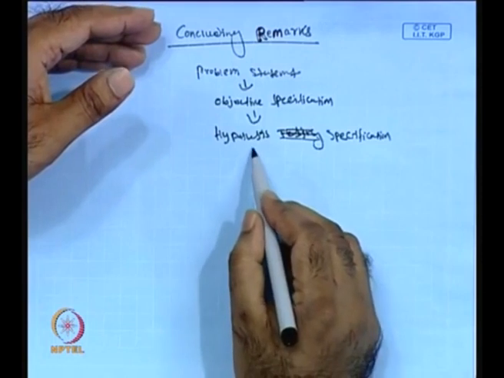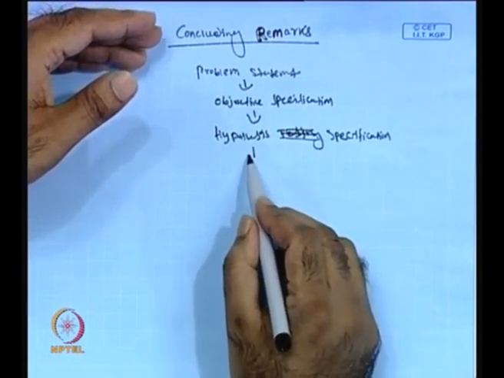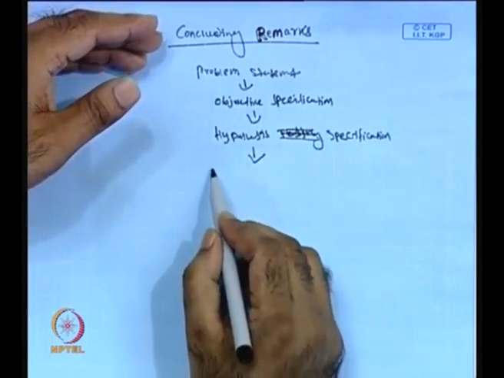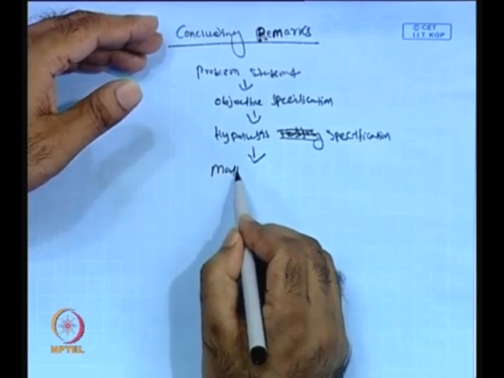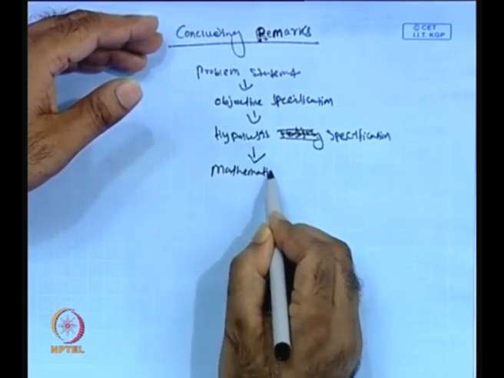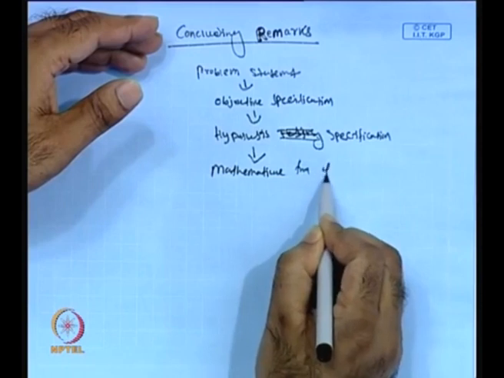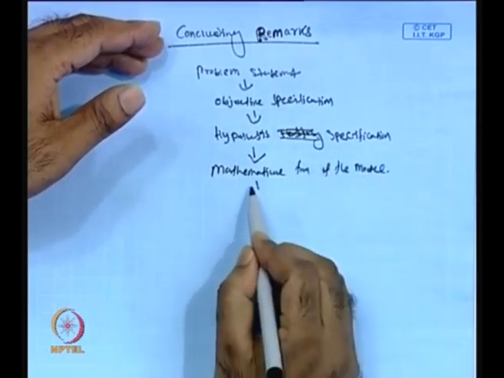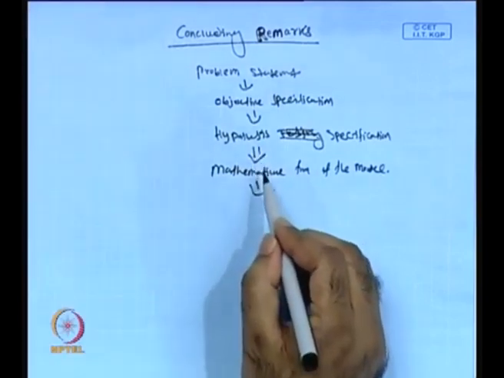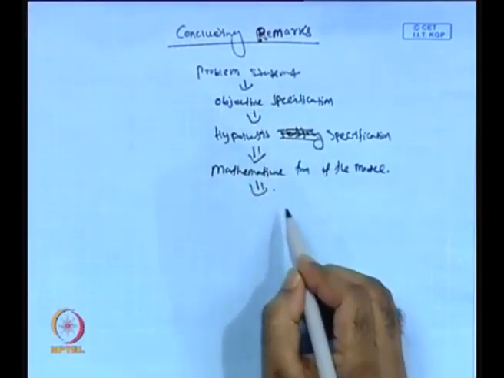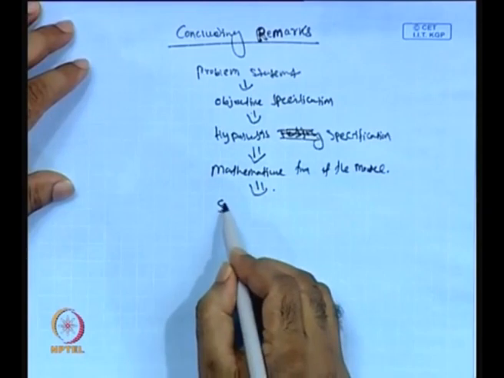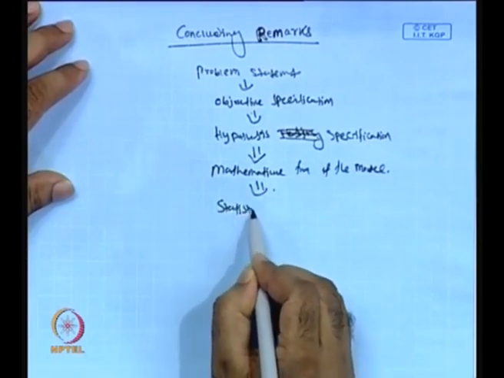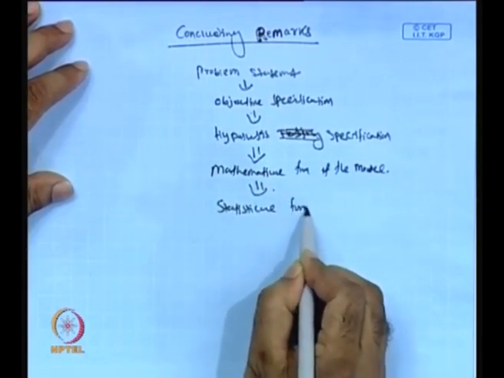After getting the hypothesis specification, we go for the formulation of the mathematical form of the model. Then we move to the statistical form of the model.